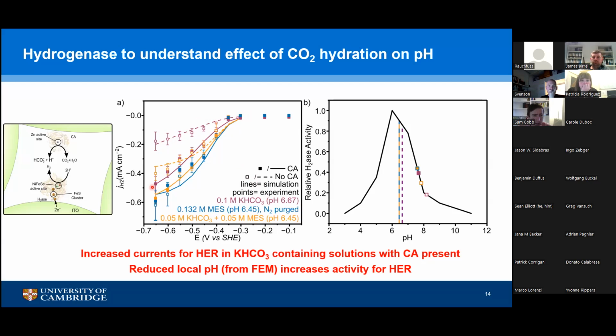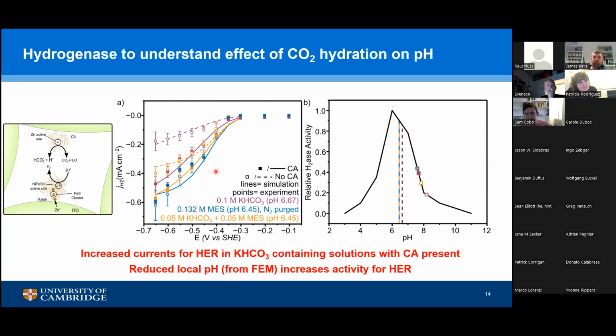And you go, why is that? Is that sensible? We've not changed much, we've not changed our buffer. And you can then look at the local pH from the finite element modeling. And what you find is when you model in the carbonic anhydrase alongside, your local pH is reduced. We've basically made our bicarbonate perform like a better buffer, and actually to the point where it starts to perform like your MES or your other buffers that people often use with hydrogenase.